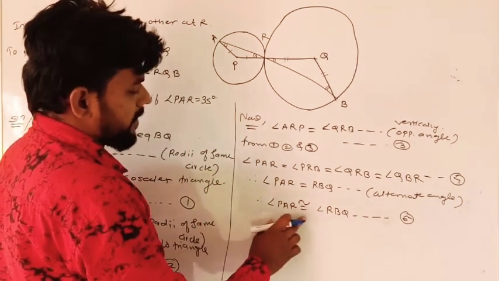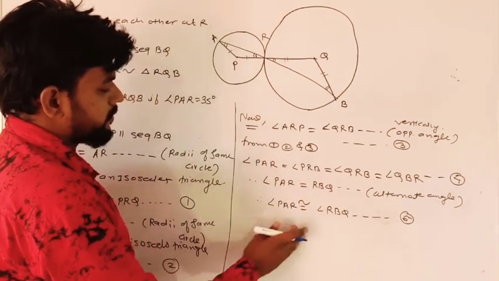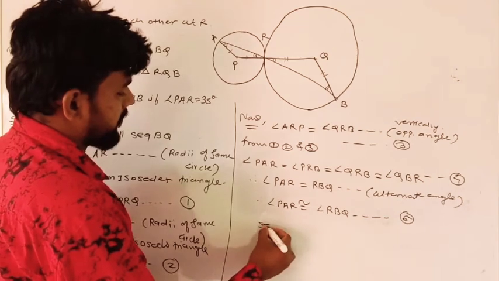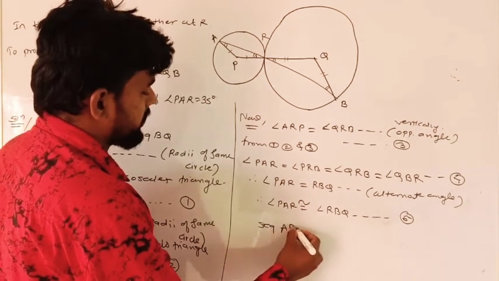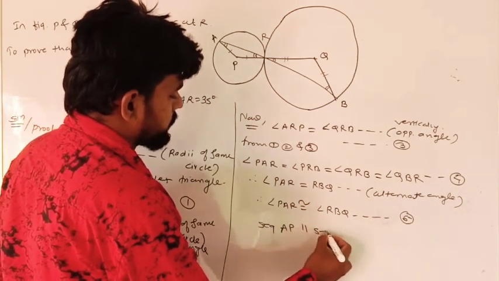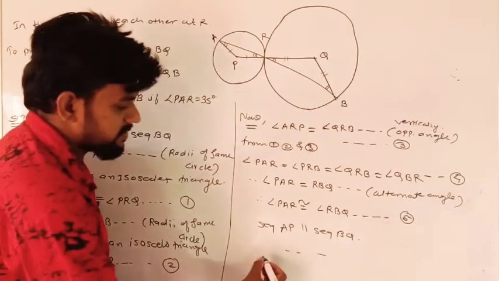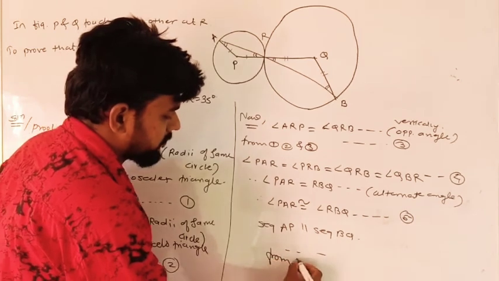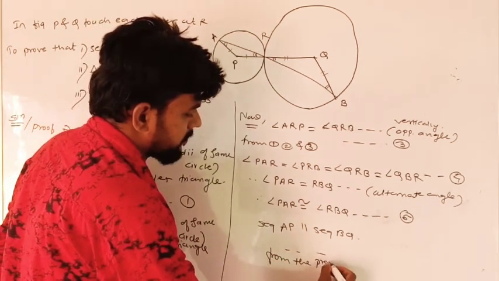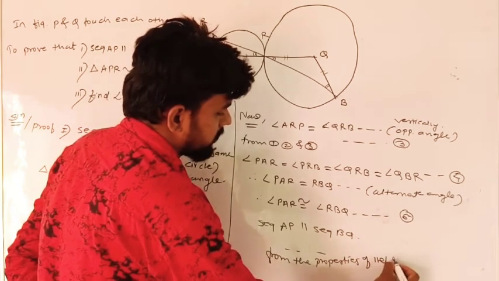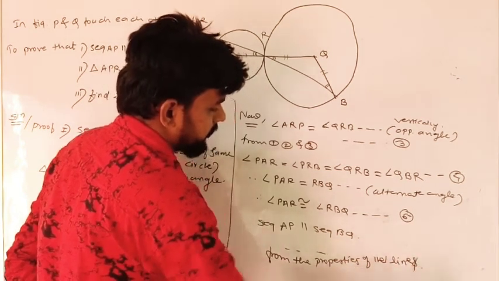Now PAR is congruent to RBQ. That's why we can say that segment AP is parallel to segment BQ. From the properties of parallel lines. Where did we write this from? From the properties of parallel lines.